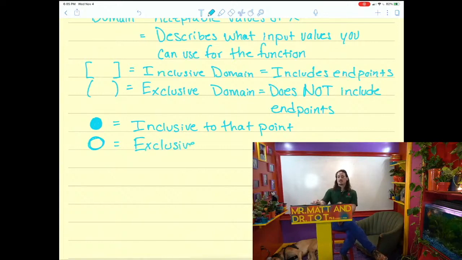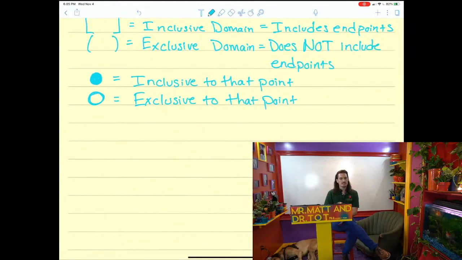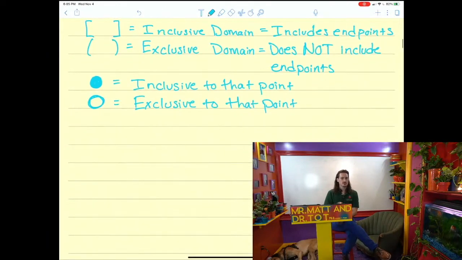So really it just depends whether we're using a list format, where we'd use brackets or parentheses, or a graphical format, where we're looking at the graph of a certain piecewise function and we'd use hollow or solid points to indicate whether that value is included or excluded from our consideration. And what you'll see is this allows us to overlap the function.